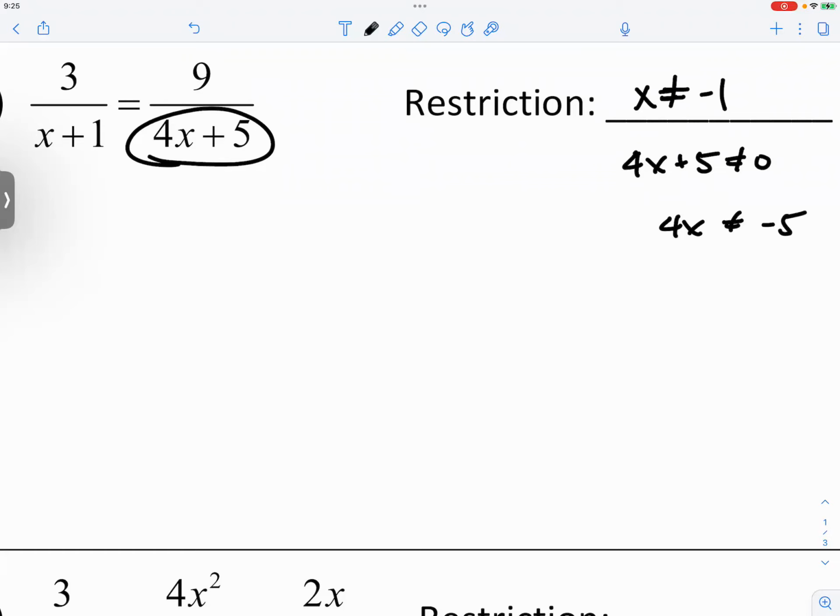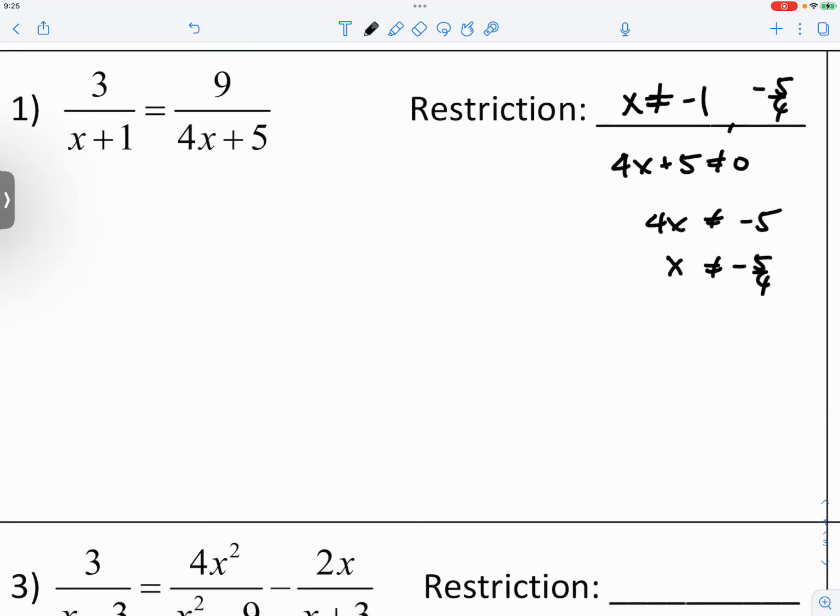You move the 5 over, you divide by the 4. So therefore you have x cannot equal -5/4. So that's a very simple way to help you answer the question of what x cannot be. Good. All right. So now we got the restrictions out of the way.